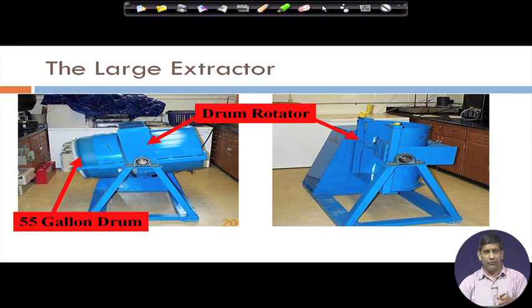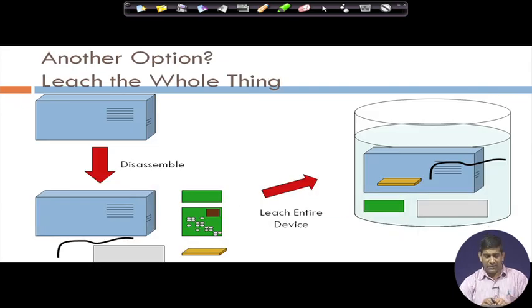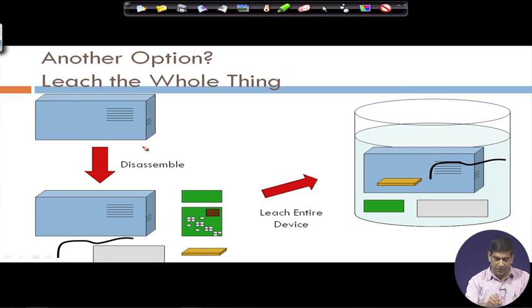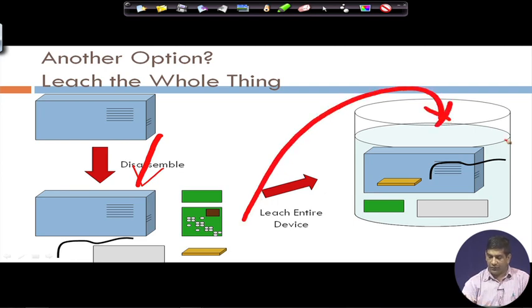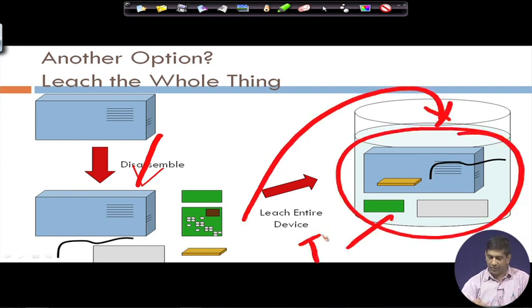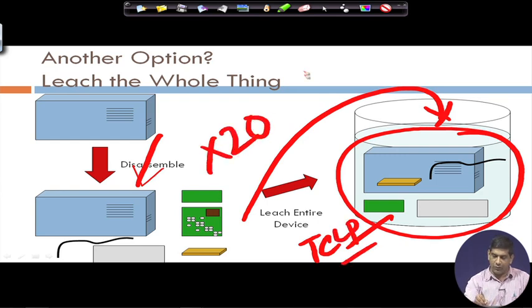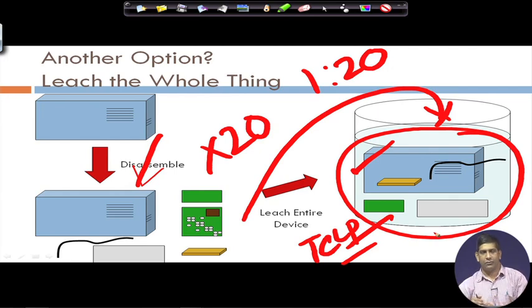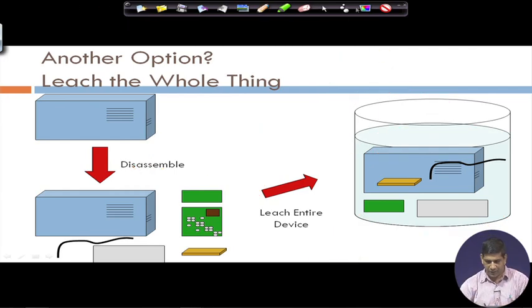The principle is you take the device, disassemble it, just unscrew it, and put the entire thing into this drum, where the TCLP fluid is already there. Whatever the weight of this stuff is, you multiply it by 20 to get the 1:20 liquid to solid ratio, and that's the volume of liquid present. Then you put the entire thing in and let it rotate. That's the basic philosophy behind this.